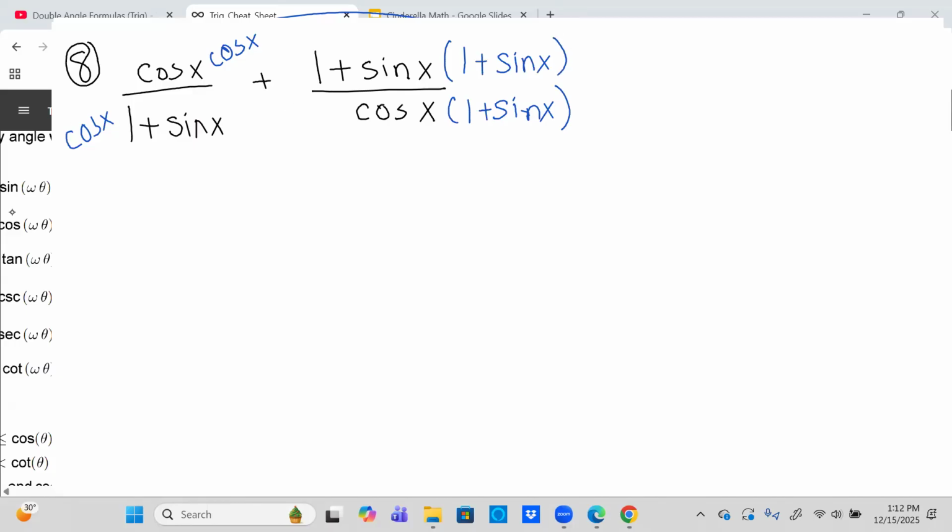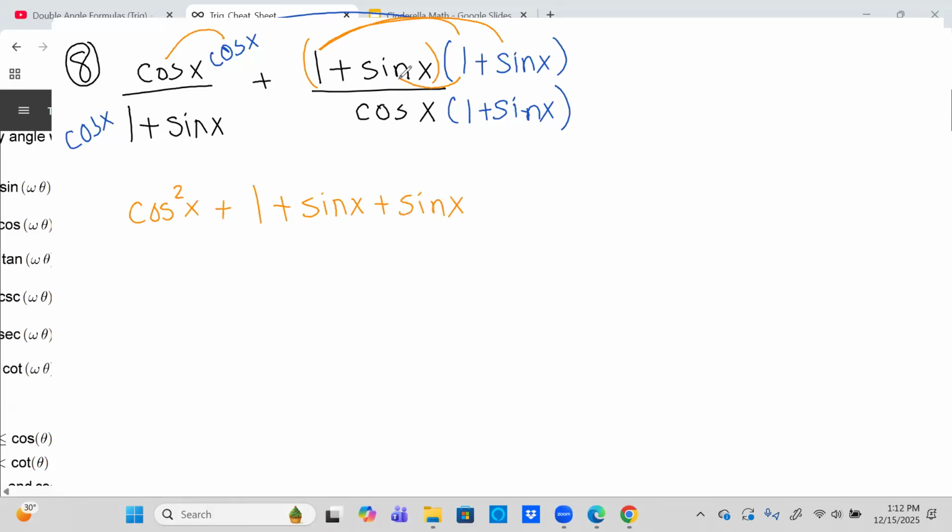Okay. All right, so on the top, cos times cos would be cos squared plus, and then we'll need to FOIL or rainbow or just multiply this other top. 1 times 1 is 1. 1 times sine, sine. Under would be another sine.